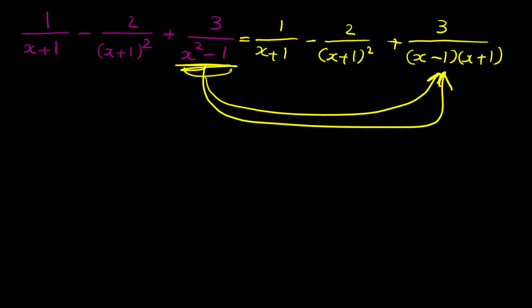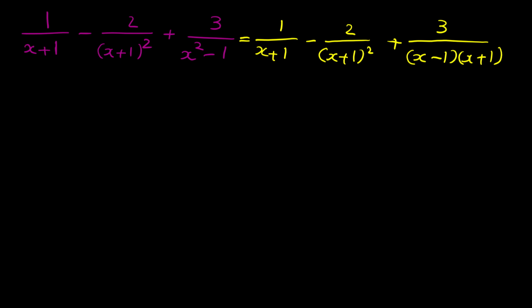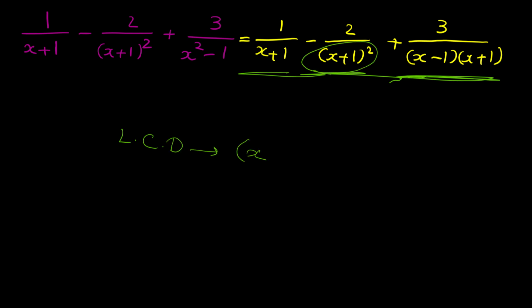Now, look at the denominators. We want to find the least common denominator. By looking at these denominators, we notice that in the least common denominator, we should have x plus 1 to the 2.